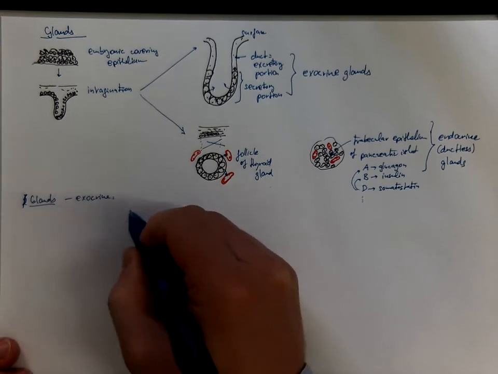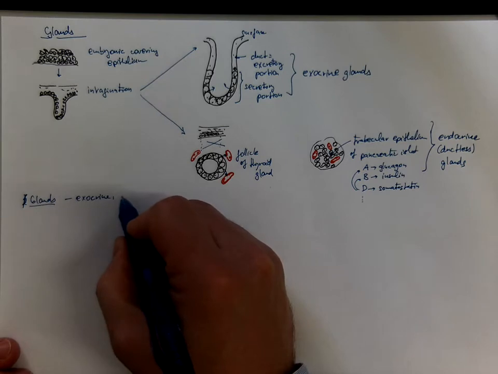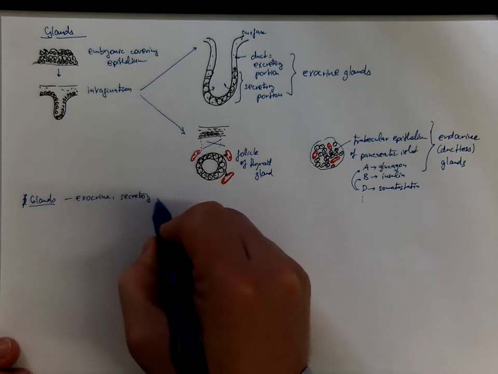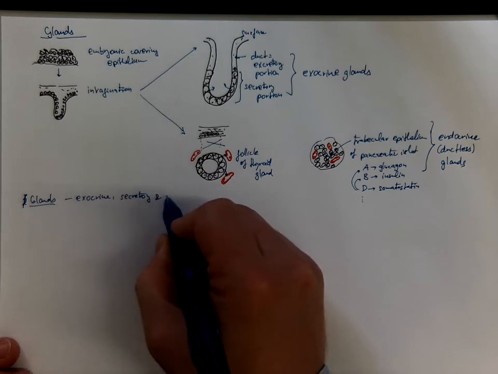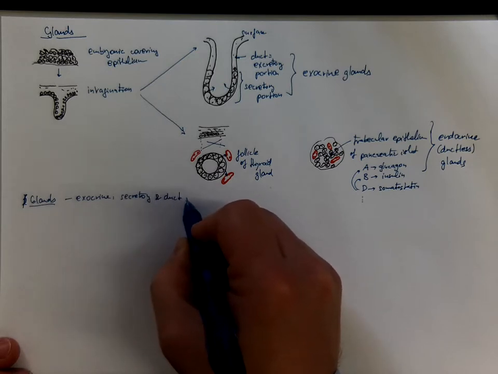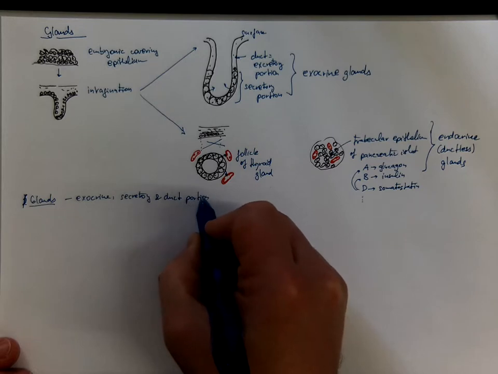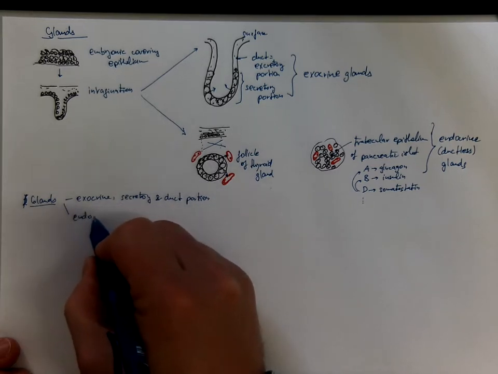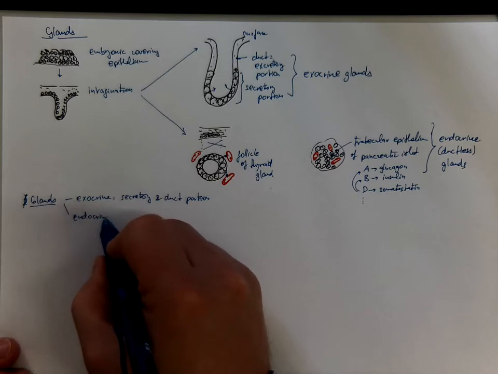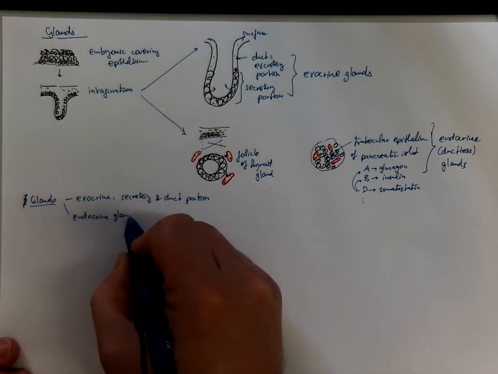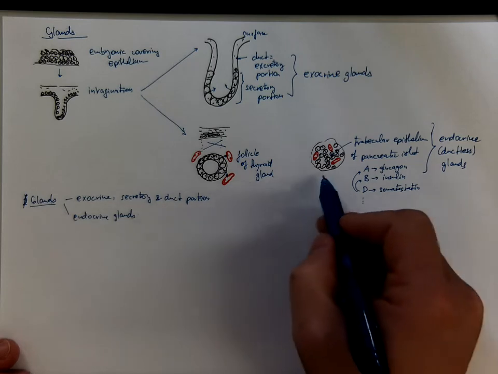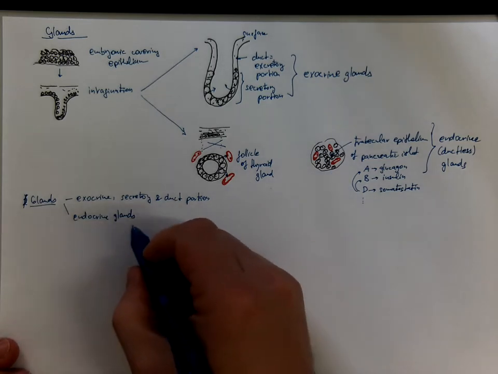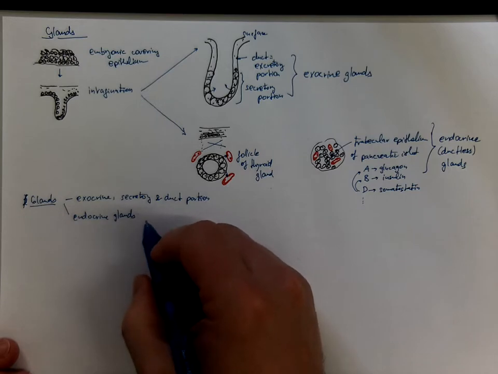We understand that these glands have both secretory and duct portions. We already know there are also endocrine glands, mostly made of follicular or trabecular epithelium. But there are more types of endocrine glands.